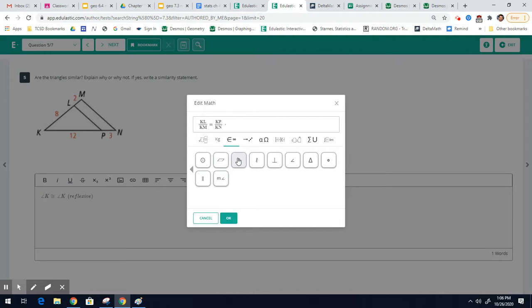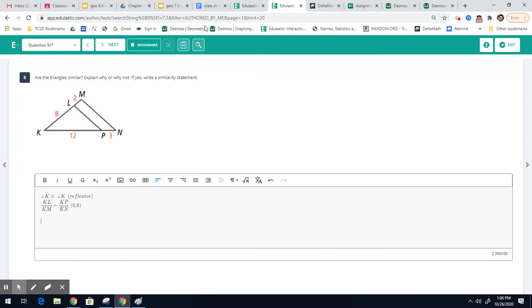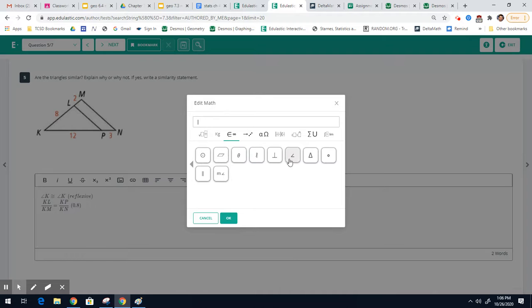And they both came out to be 0.8. So therefore, these two triangles are similar by side angle side. Triangle KLP is similar to triangle KMN by side angle side similarity.